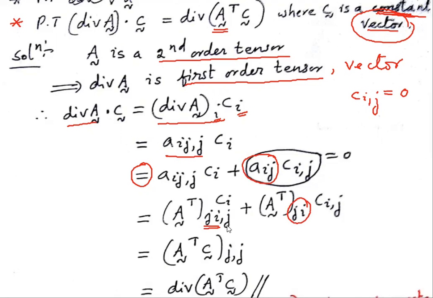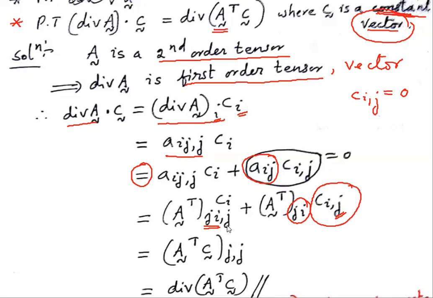Now, in the next step, just watch the first term and the second term. The first term I have is A transpose ji comma j, that is differentiation with respect to xj, Ci as it is, plus A transpose ji as it is, and differentiation of Ci with respect to xj, because there is comma j.